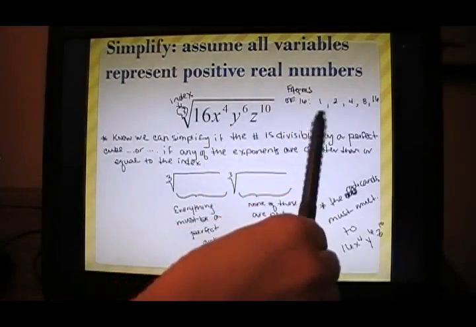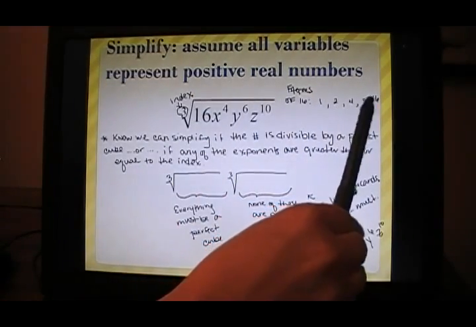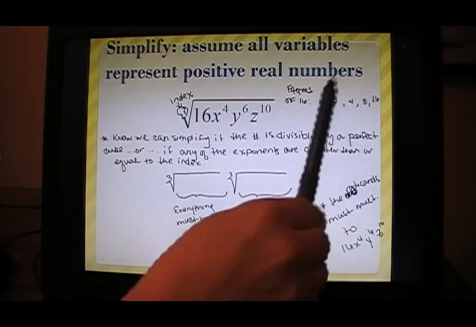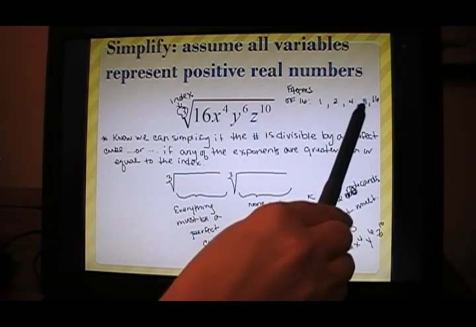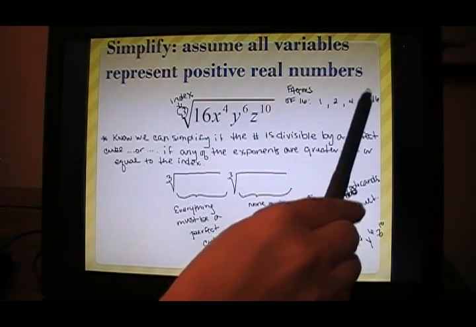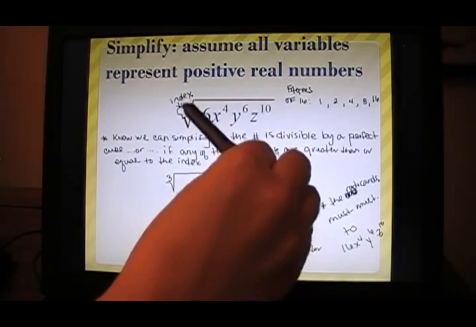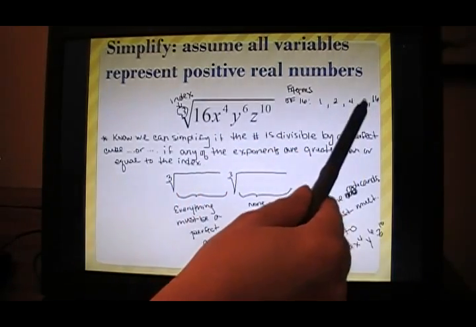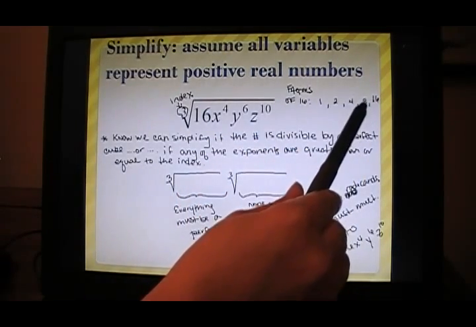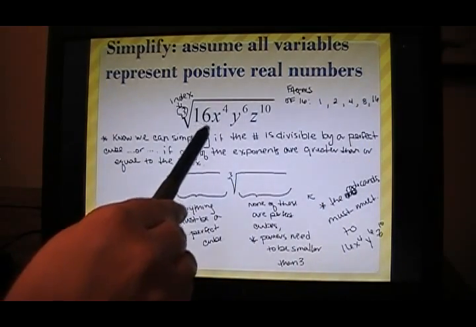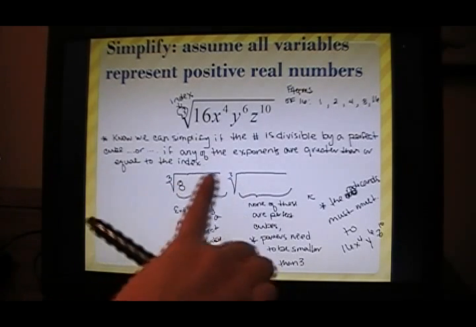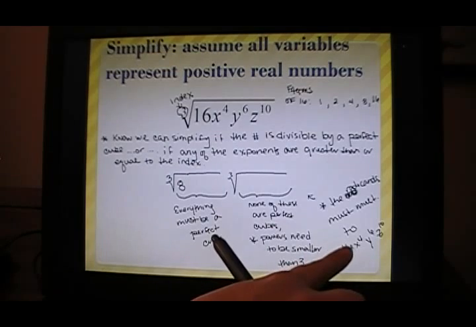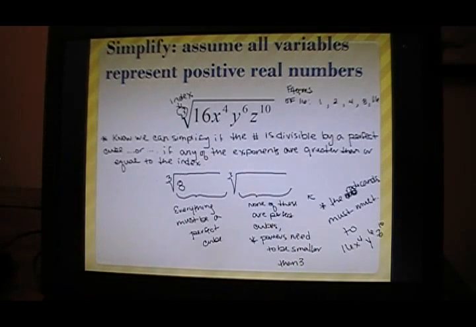So when I look at this list of factors, 1, 2, 4, 8, and 16, 1 is a perfect cube and 8 is a perfect cube. But I always want to use the largest perfect cube factor. And again, cubes because of the index. So 8 is the largest perfect cube that goes into 16, so it is the 8 that I will put here. This times this has to be 16, and so 2 is what goes here.